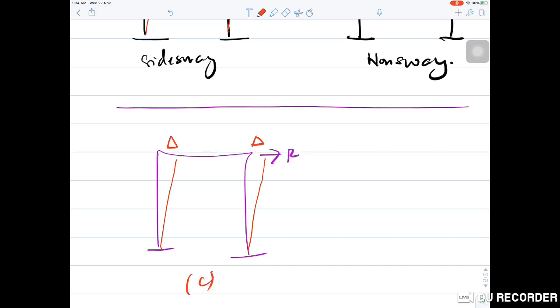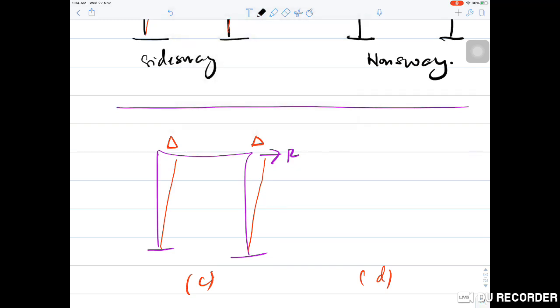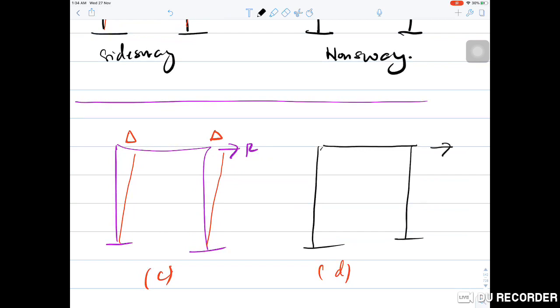This is diagram C, and we introduce diagram D, which is proportional to diagram C. This frame is subjected to R prime.